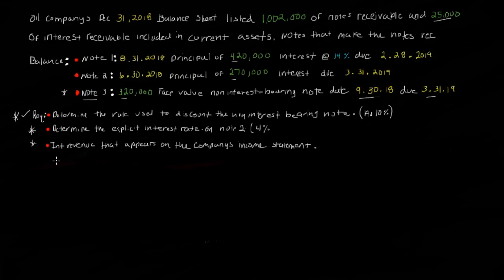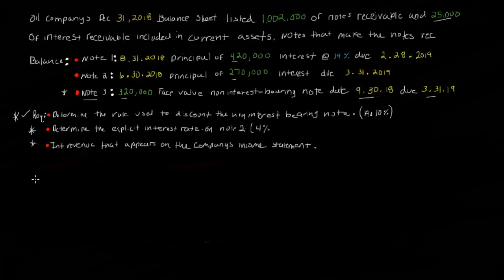To find the interest that appears on the company's income statement, you're basically going to take all these interests that you've figured out and add them together. I'll make a quick point in just a second.